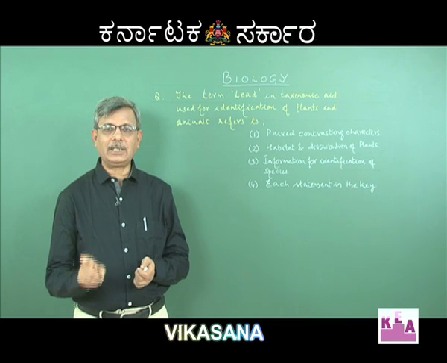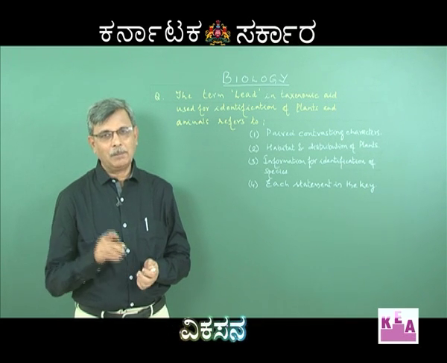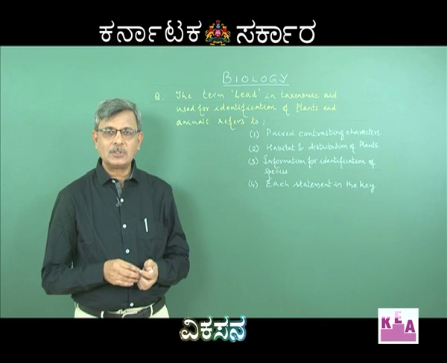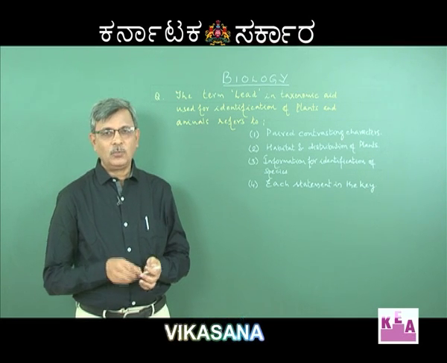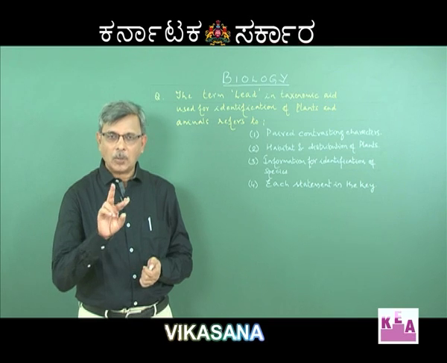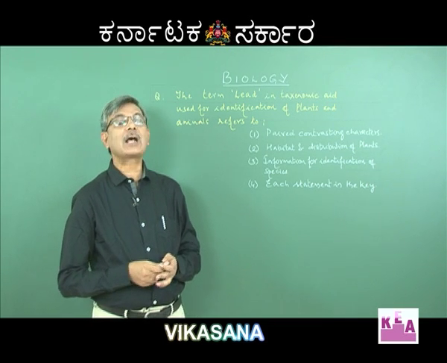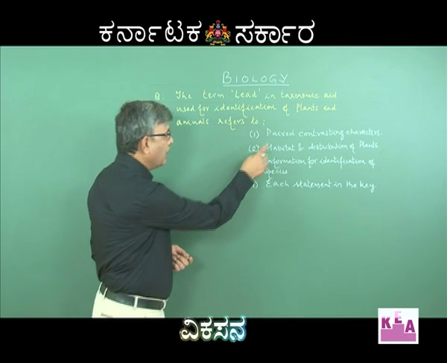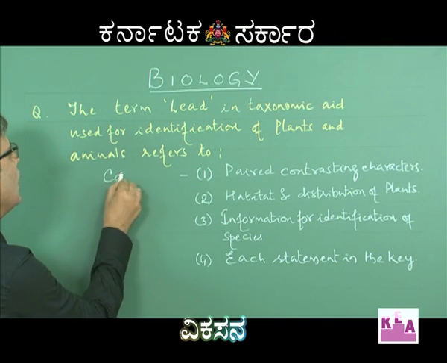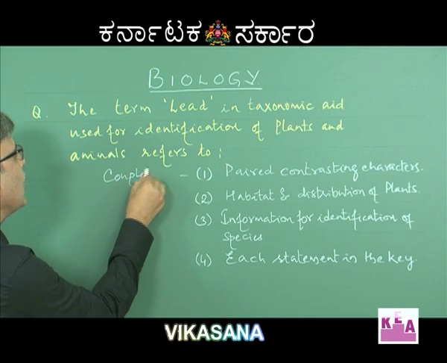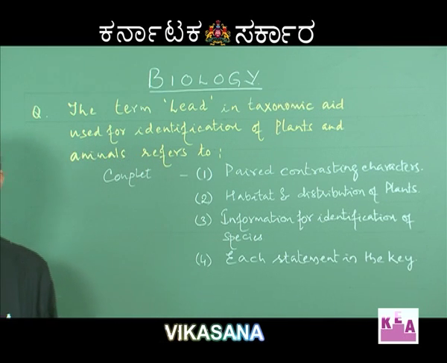Tail, blunt end, pointed end. Blunt, non-poisonous, pointed, poisonous. We call such statements of opposite nature as couplet. So, here paired contrasting characters relate to what we call a couplet. So, that is not our answer.